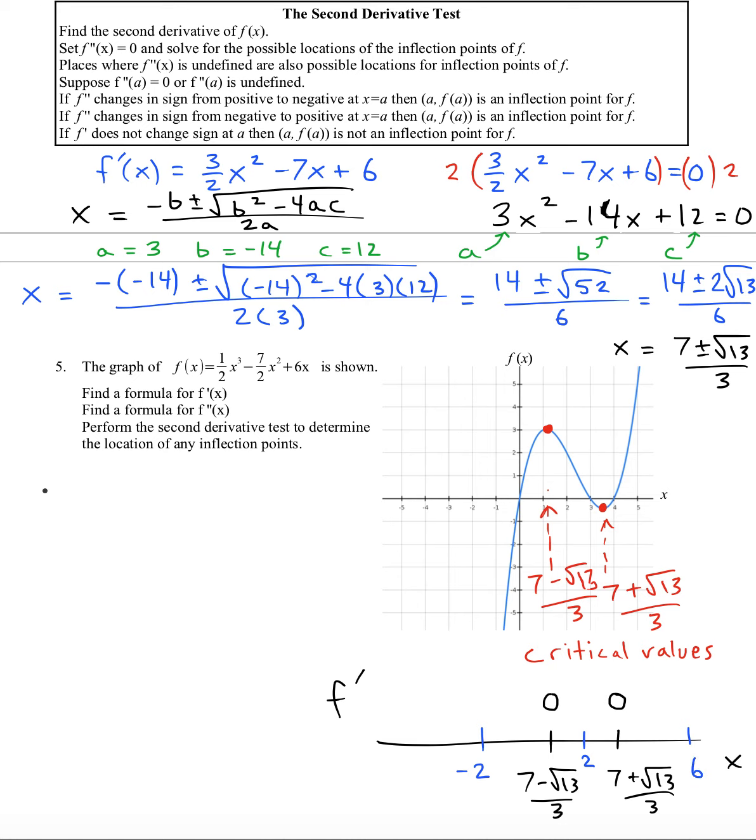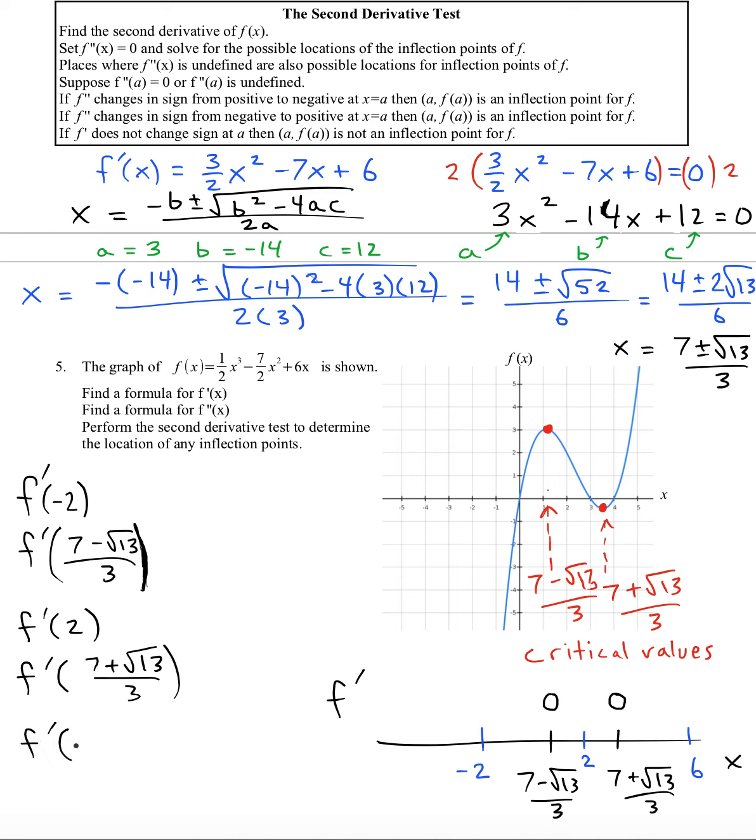All right, so I want to find f prime of -2. Let's put in here f prime of 7 minus radical 13 over 3 just for fun, even though we do know what it is. We'll put in f prime of 2, and then an f prime of 7 plus radical 13 over 3.